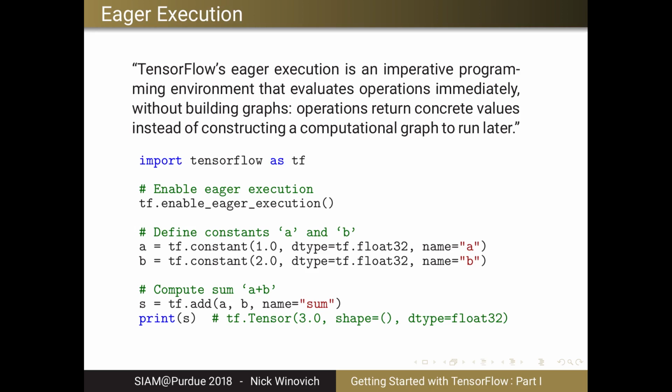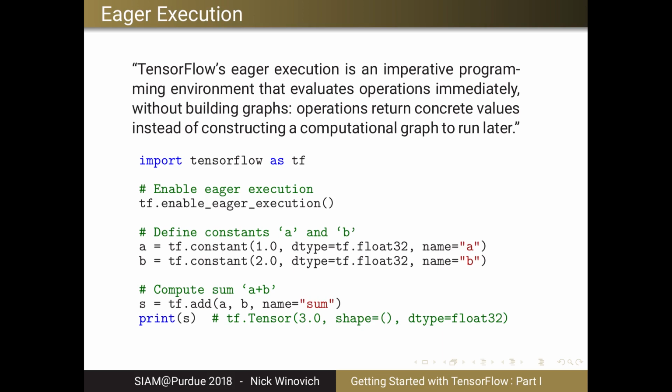So I've mentioned already that the graph concept can be a little bit confusing. I just want to briefly point out they have added TensorFlow's eager execution mode, which will do basically what you would expect a programming language to do for most of us, which is evaluate exactly when that line of code comes up.